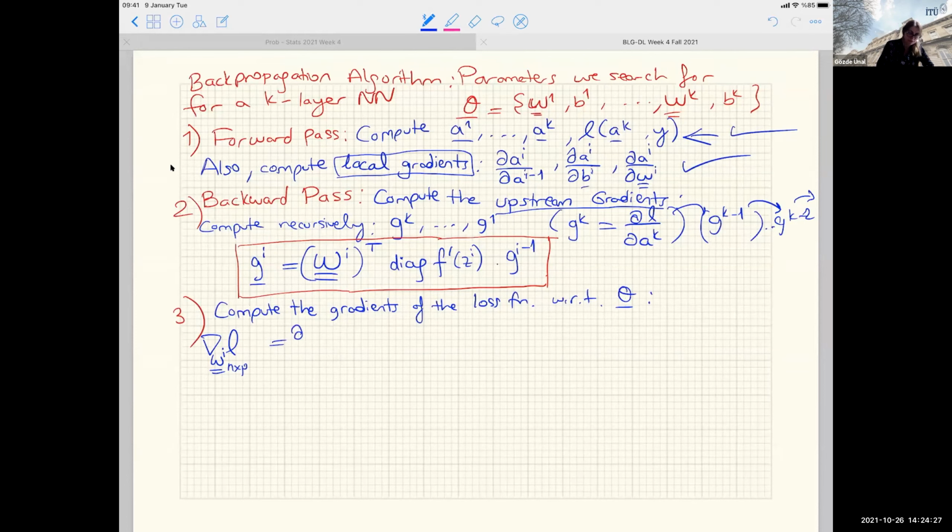Del L by, remember, we were saying this is really del vec W_i. And we've actually just seen how to do this. G_i times, again, the diagonal f prime at that layer, and the previous activation transposed with a Kronecker product identity matrix. So this becomes here at this point, my point was 1 by NP.